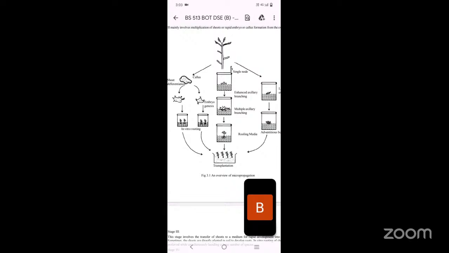The initial step of micropropagation is the stage that we call the zero stage, which involves the selection and growth of the stock plants, that is, mother plants. It is considered around 3 months under controlled condition only. The stock plants, that is, mother plants, we have to choose, which are around 3 months old, under control.